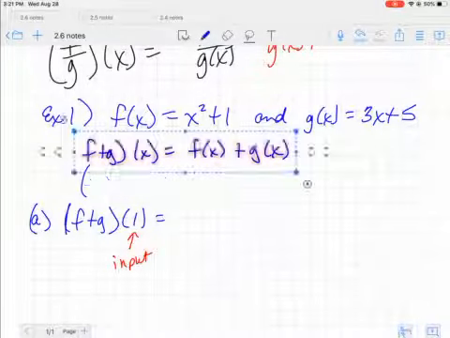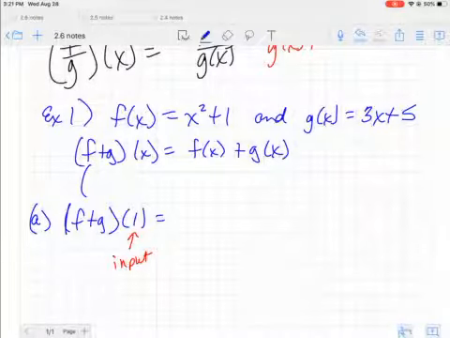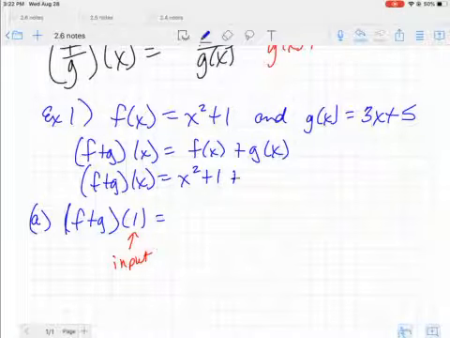And then this would end up being x squared plus 1 plus 3x plus 5.